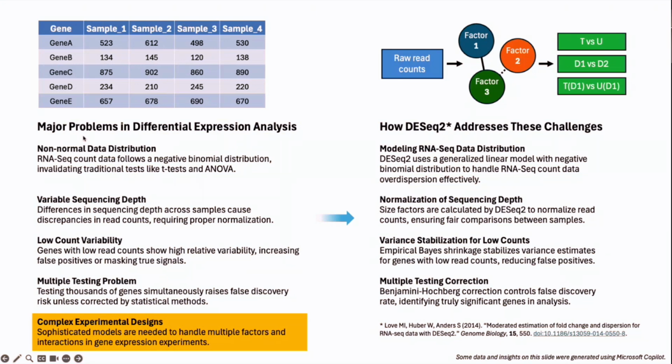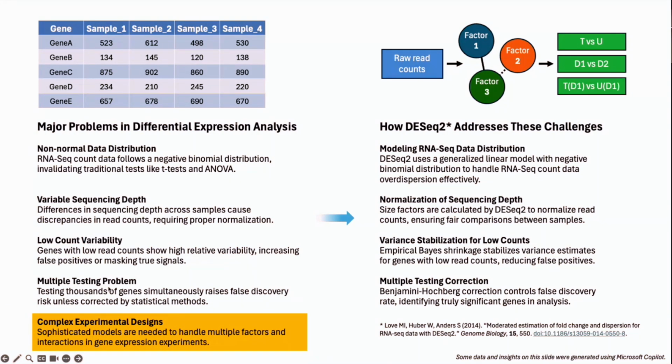The major problems in differential expression analysis are that we have a non-normal data distribution of our reads in genes, variable sequencing depth between the samples, and certain genes that have a very low number of counts. We also need to make sure that we can run statistical tests on the results to guarantee that they are significant.